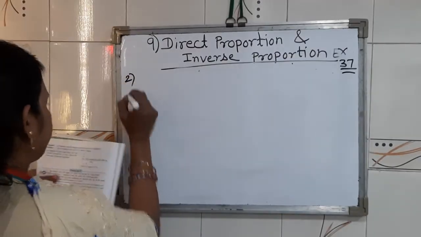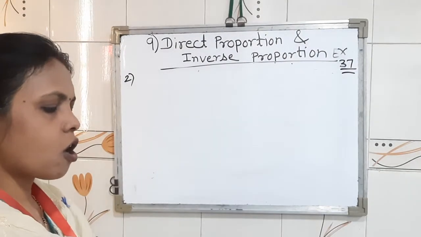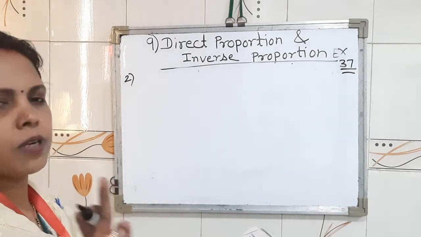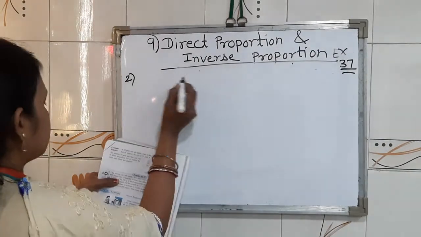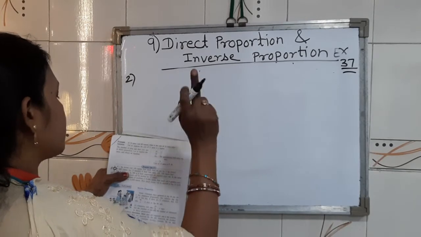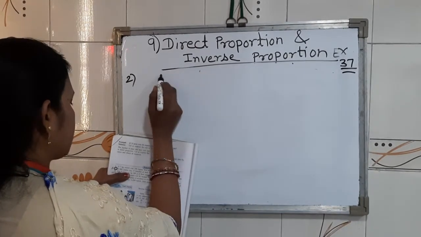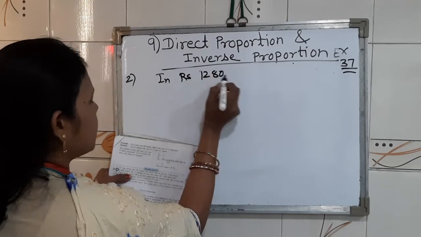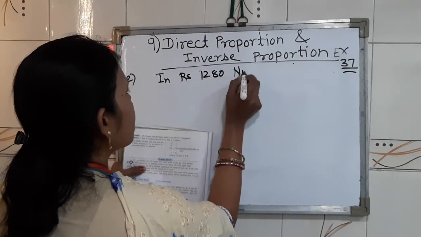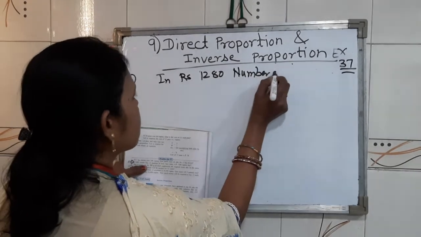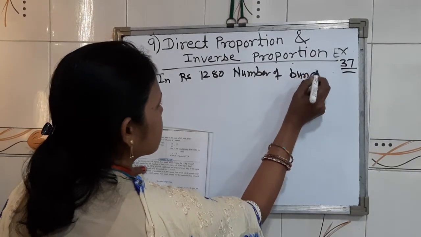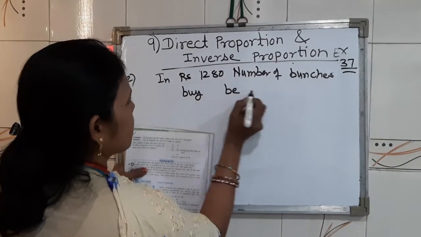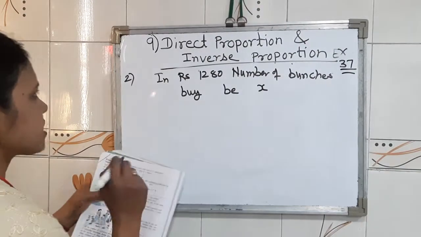For 600 rupees, 15 bunches of feed; therefore in rupees 1280, the number of bunches is x.